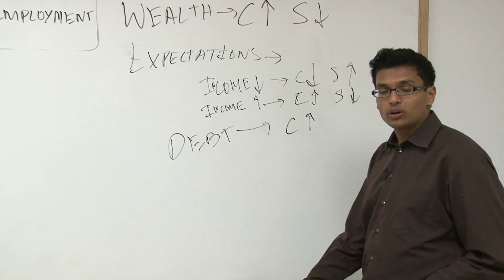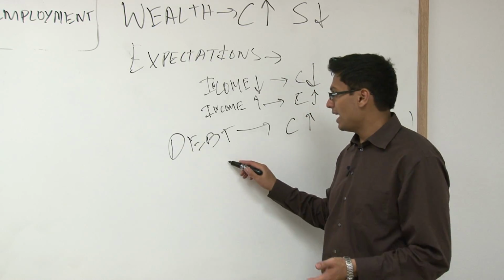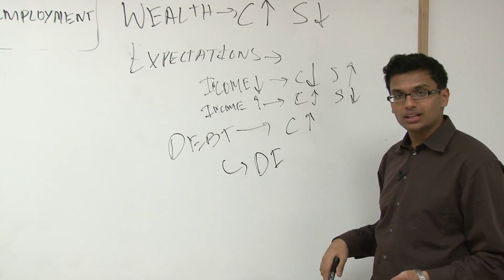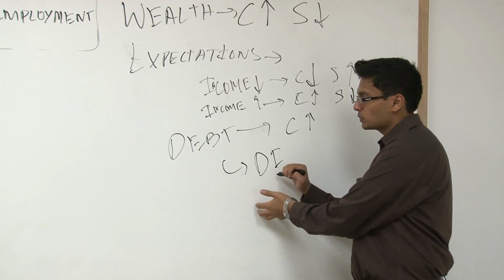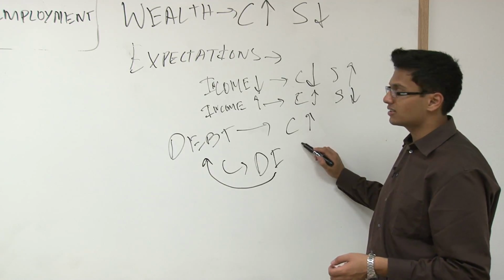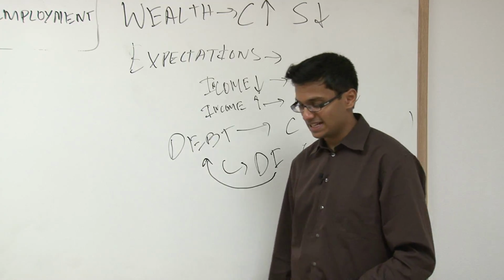But what if you have high debt? Well, if you have high debt, it is going to make your disposable income a lot smaller for you to consume, because you're going to use your disposable income to pay that debt. And then you in turn have less consumption. So your consumption actually goes down in a situation with high debt.